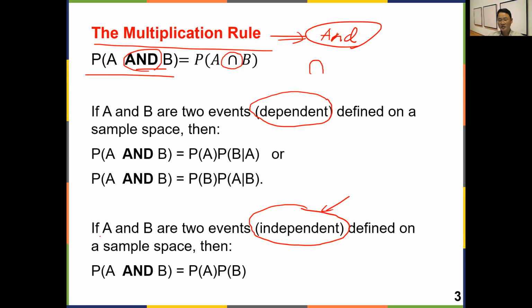If these two events are independent, meaning what? If you remember last chapter, independent means these two events don't interfere with each other, right? And another keyword that we can also remember for being independent was what? With replacement.